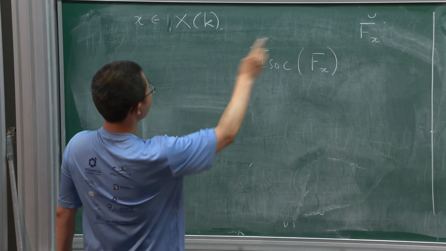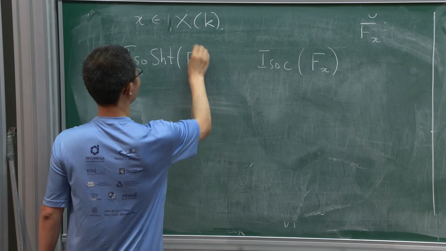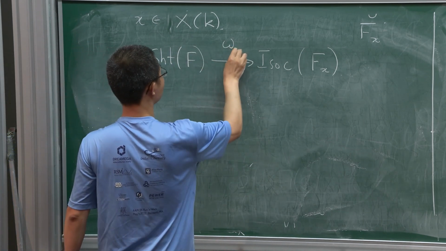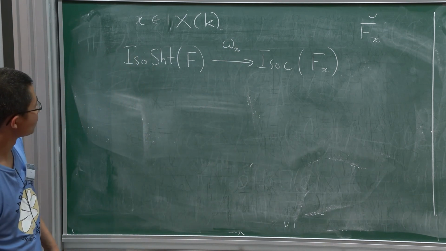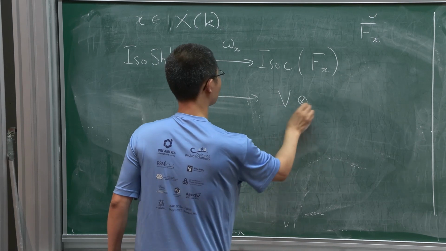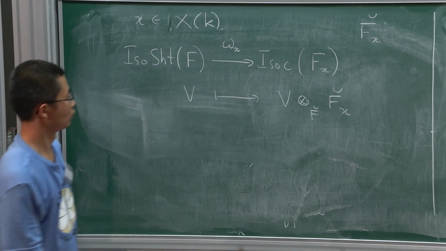So clearly we can pass from iso-Shtukas to isocrystals over F_x just by tensoring. Localize it.